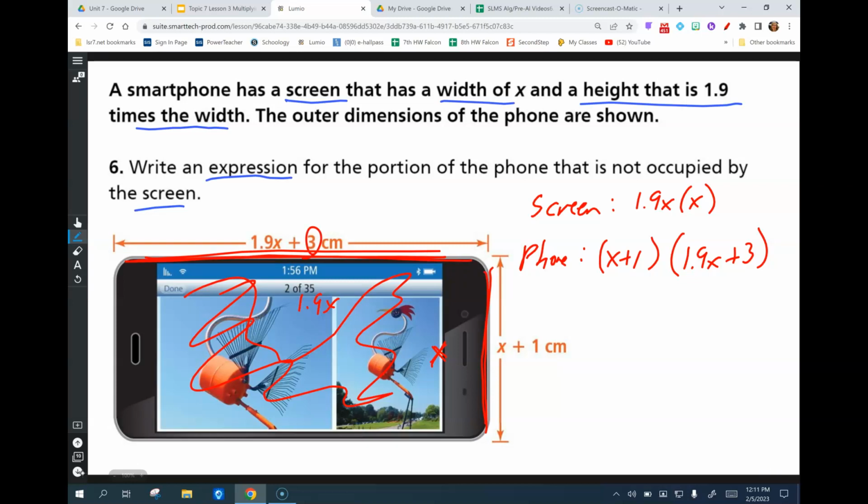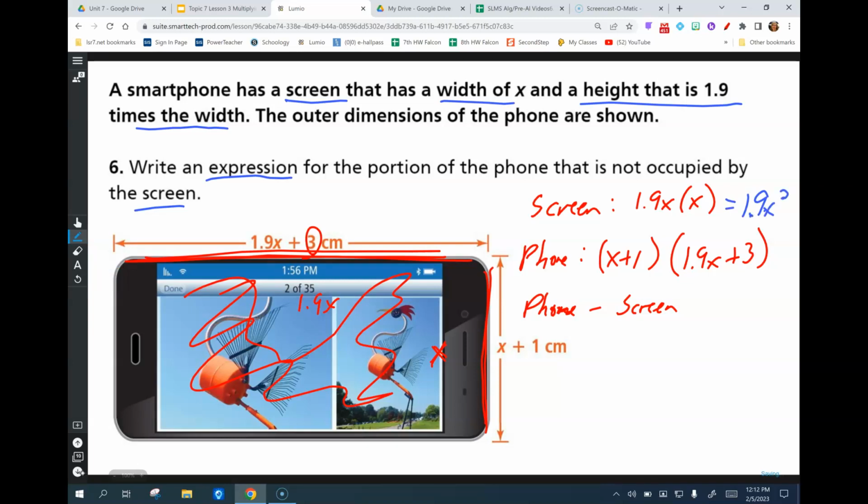Now what they want us to find is the part of the phone not occupied by the screen. So that means I have to take the phone minus the screen. So what I'm going to actually do, if it were me personally, I would multiply these two things first. So what I'm saying is that I would multiply this right here. 1.9x times x is 1.9x squared.